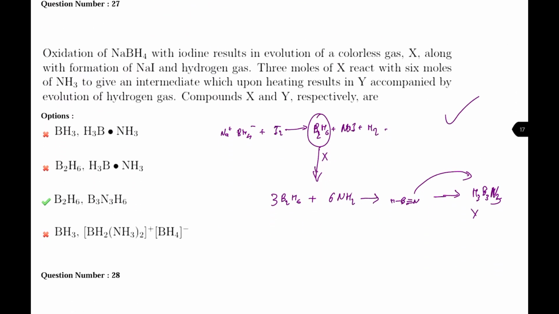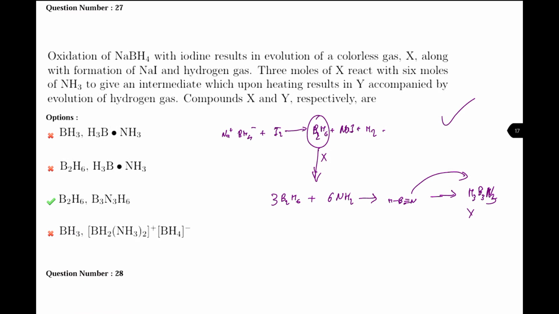Now next question, oxidation of NaBH4 with iodine results in evolution of colorless gas X along with formation of NaI and H2. Okay, so if you write this reaction, NaBH4, this is positive, this is negative, plus I2 gives some colorless gas along with NaI and hydrogen gas.